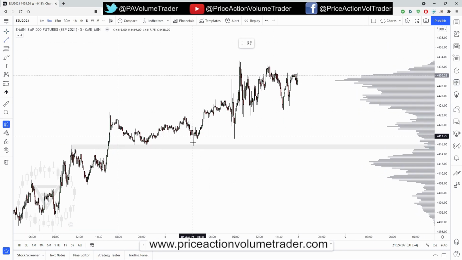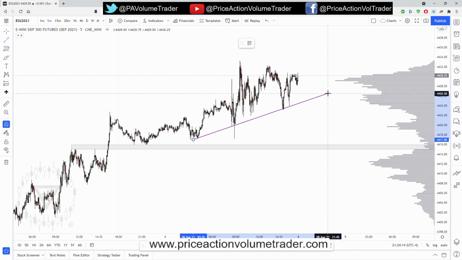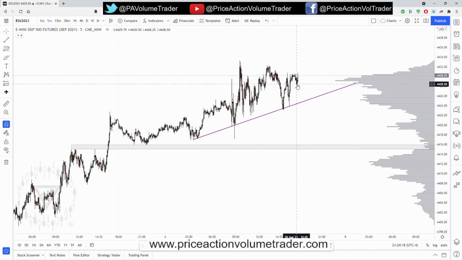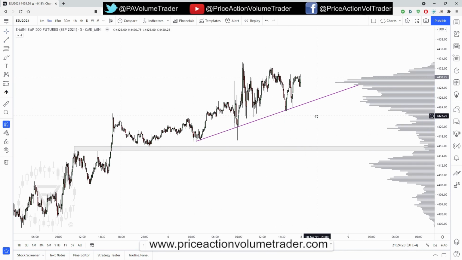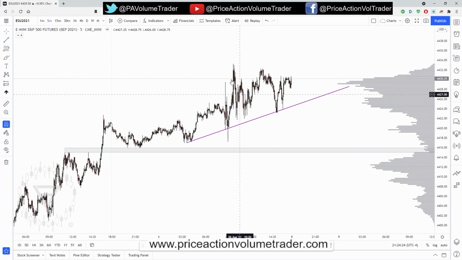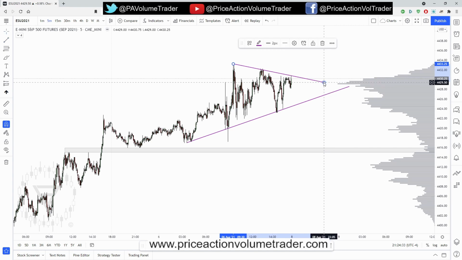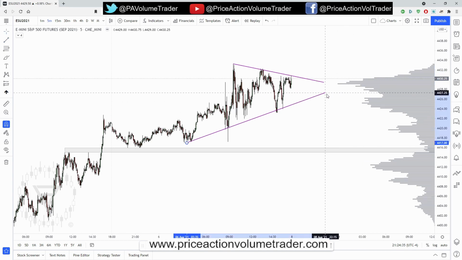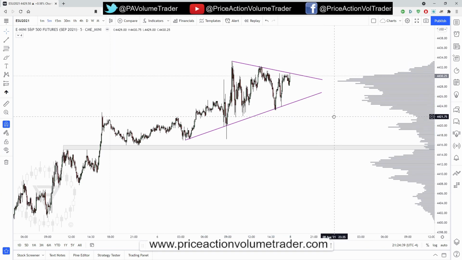Here again we have an obvious uptrend with this trend line that we can use to identify the uptrend. There's actually another little trend line here. But anyway, in this case, the same thing.